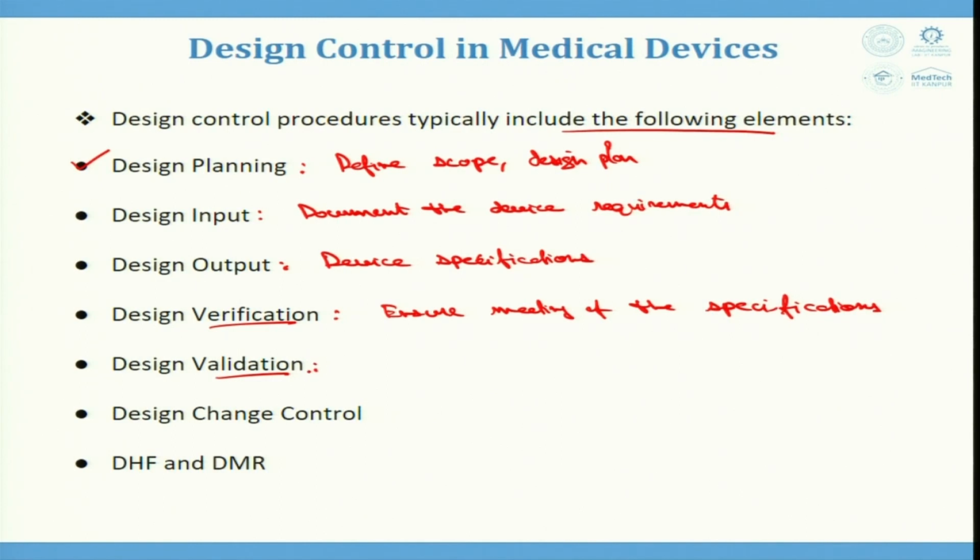Design validation is we try to validate that in the intended environment for safety and effectiveness. Then comes design change control, that means wherever a design change has to happen, it has to go through a structured process.